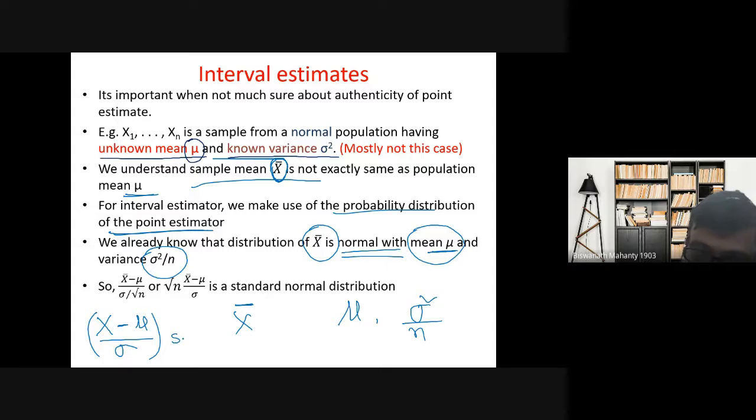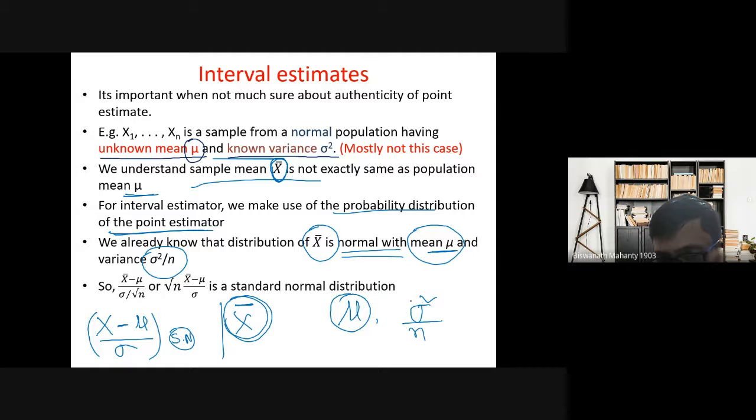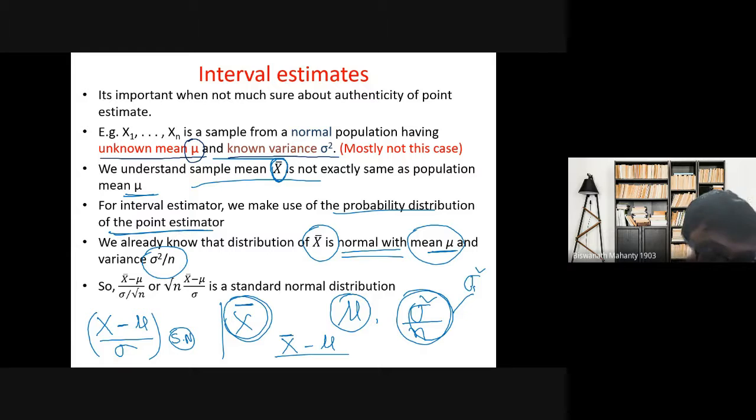I think before your holiday we discussed it, and I hope you have not completely forgotten it. Now here, x bar is your variable whose mean is mu and whose variance is sigma square by n. So what will the standard normal be? It is x bar minus mu divided by sigma, where sigma square for this variable is sigma square by n. So sigma here is sigma by root n. Are you understanding? Yes, sir.